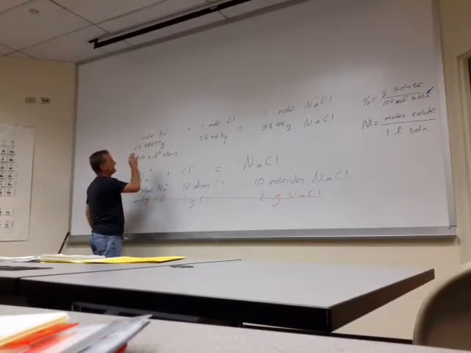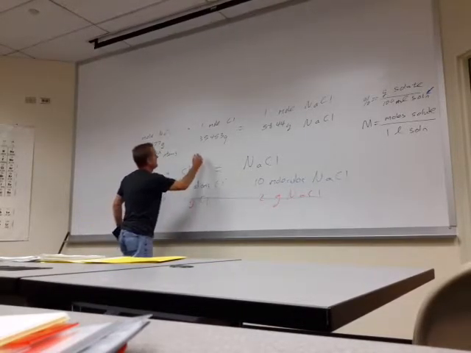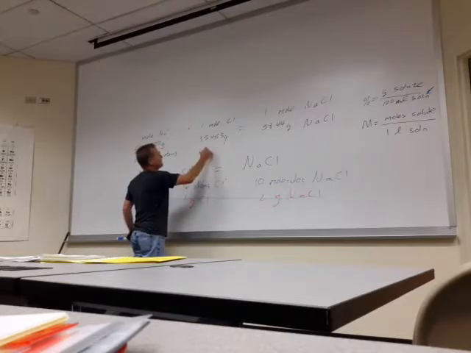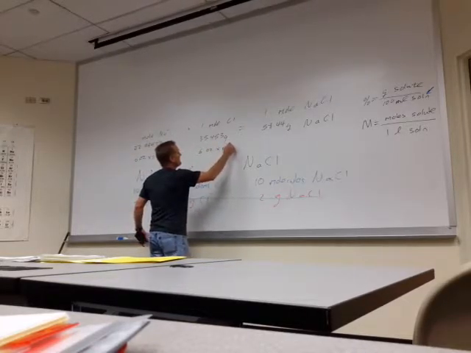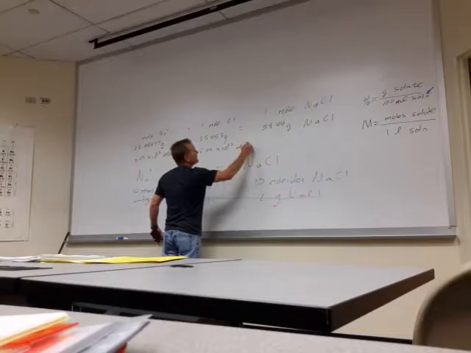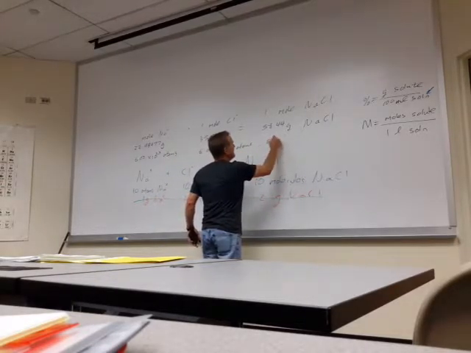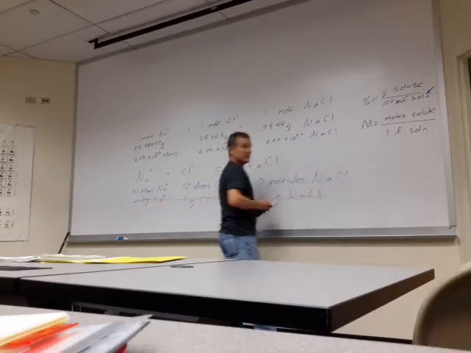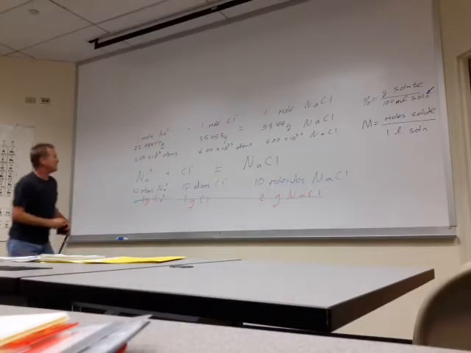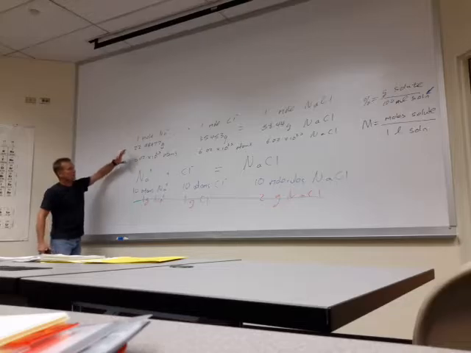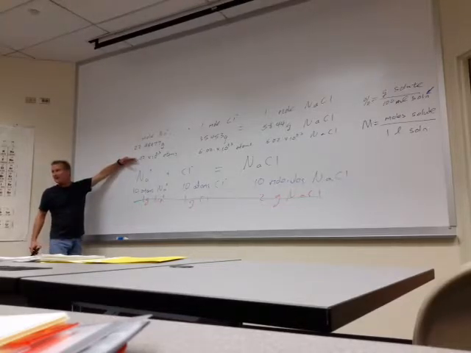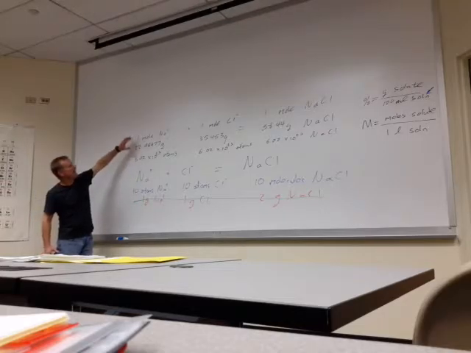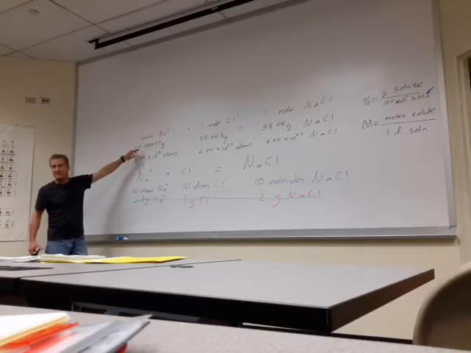So I have exactly 1 mole of sodium and 1 mole of chloride, or exactly 6.02 times 10 to the 23rd atoms, and that will give me 6.02 times 10 to the 23rd molecules. Now, to be perfectly honest with you, we don't even need Avogadro's number in this class. What we need in this class is to understand that a mole is a weight.